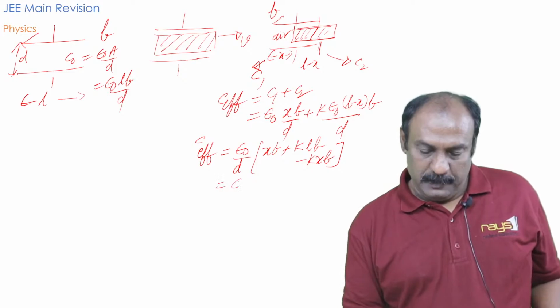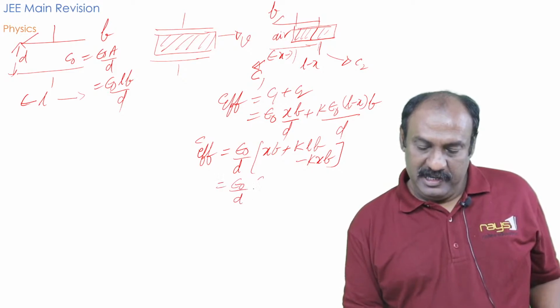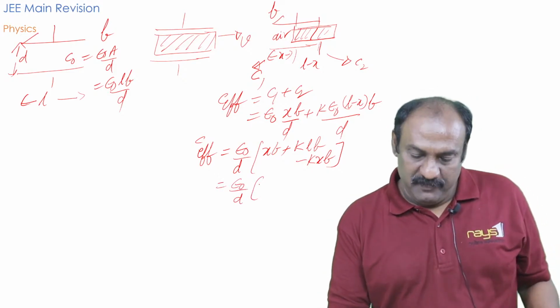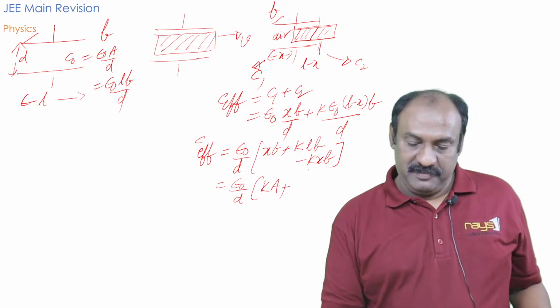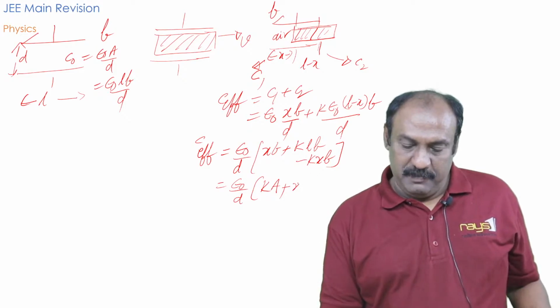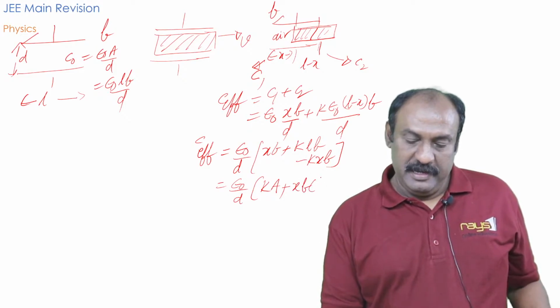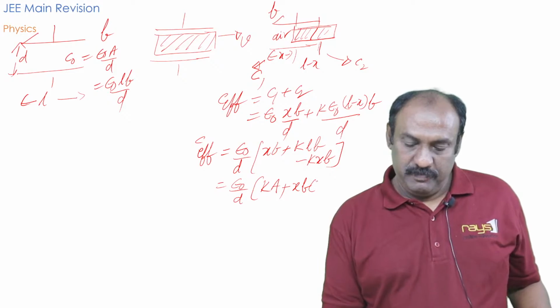That equals epsilon naught by D into, taking K into LB, which is Ka, as a common factor, plus XB as a common factor into K minus 1, that is 1 minus K.